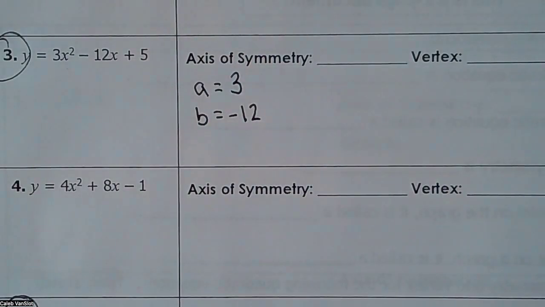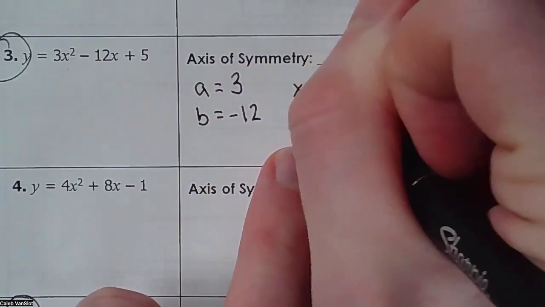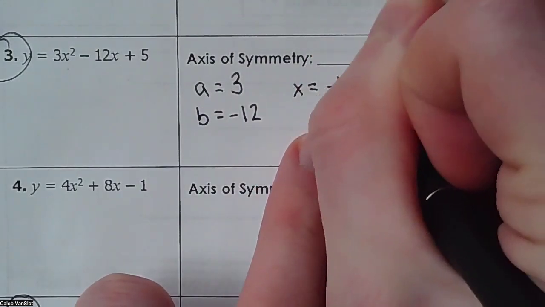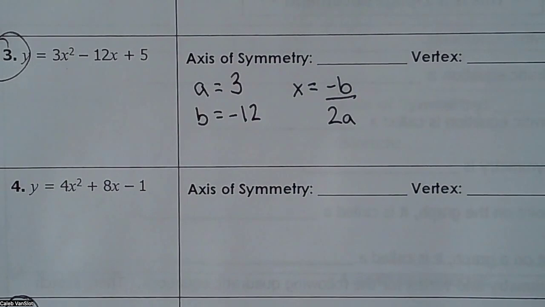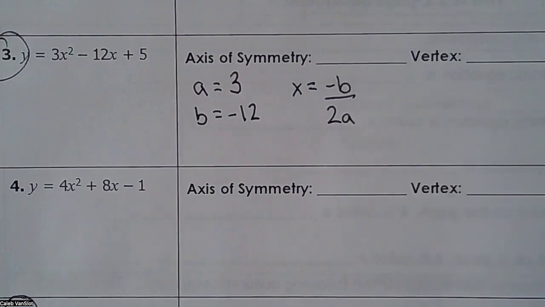Okay. So just to kind of rewrite our axis of symmetry equation, we've got negative B over 2A. You guys, if we have a negative 12 as our B and we're putting in a negative B, what are we going to put on the top there? Yep, we're going to put in a positive 12, right? So again, just be careful of that.